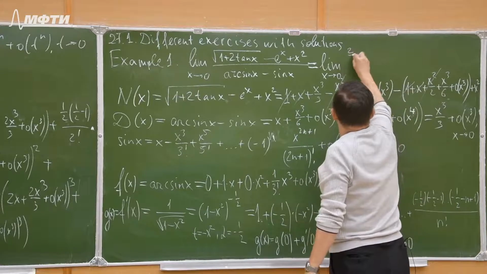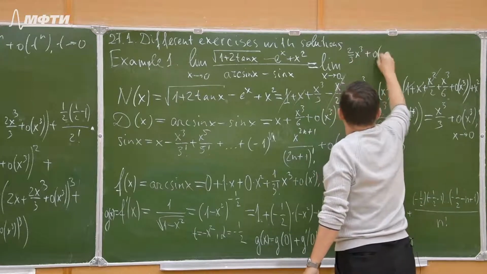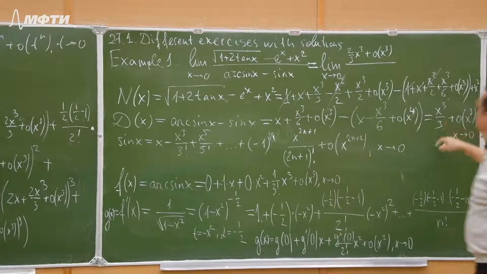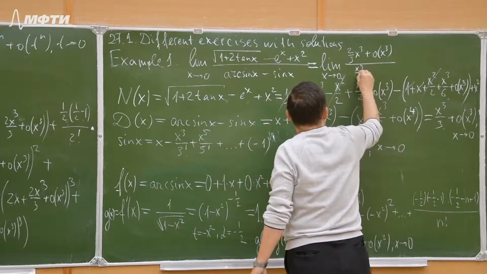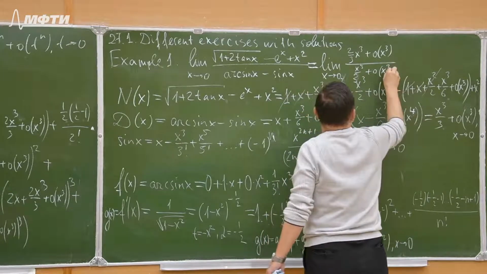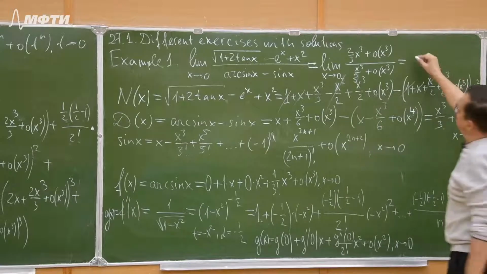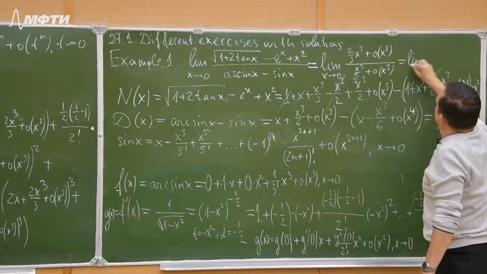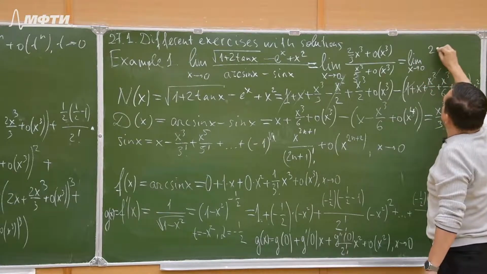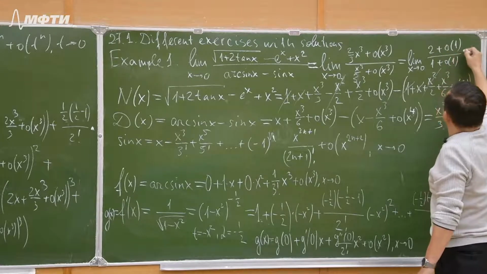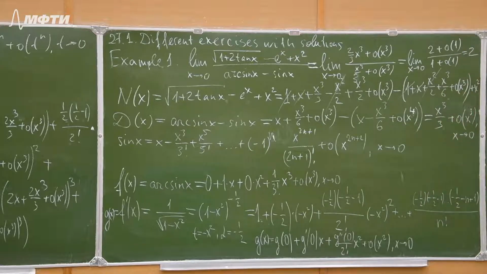So 2/3 x cubed plus little o of x cubed over, for denominator, x cubed over 3 plus little o of x cubed. So we divide by x cubed and cancel thirds. It gives 2 plus little o of 1 over 1 plus little o of 1, that is 2.